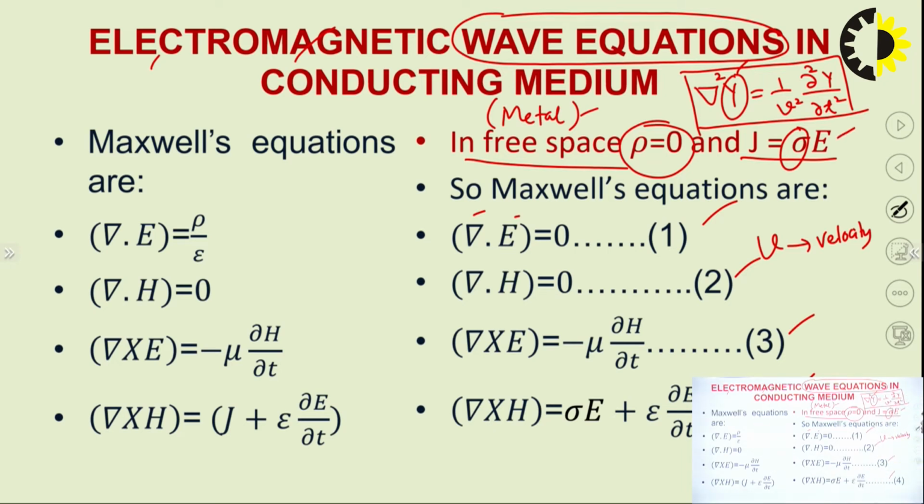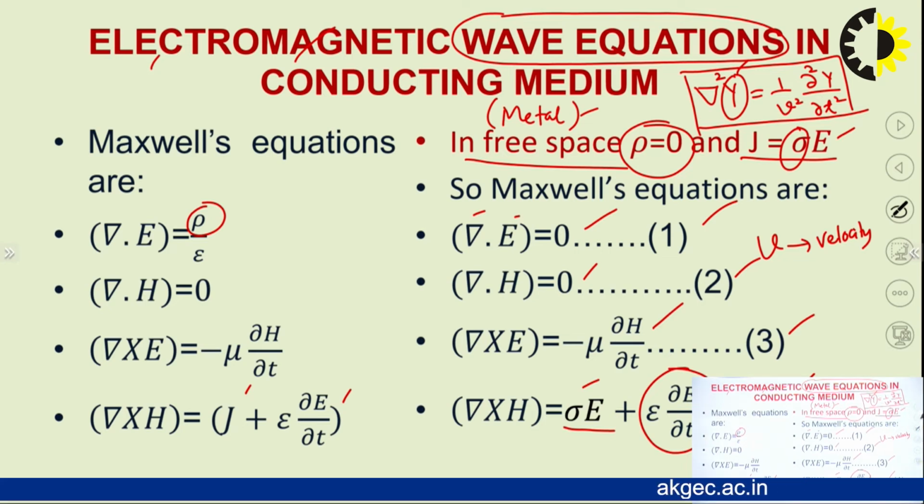So in the fourth Maxwell equation we use J equal to sigma E, and in the first equation we substitute volume charge density equal to 0. So del dot E becomes 0, del dot H is always 0, del cross E is minus mu del H by del t, and del cross H, the fourth equation, is sigma E plus epsilon del E by del t, where this term comes from the displacement current.